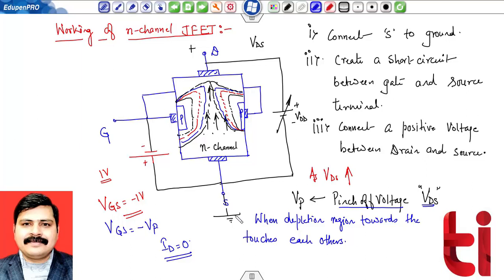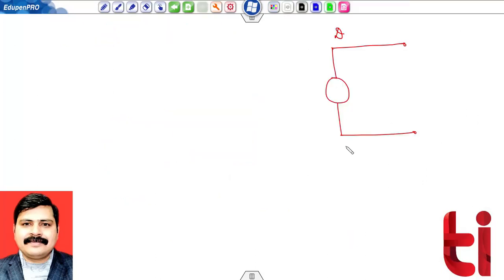Initially connect the source to the ground, initially make a short circuit between gate and source, and we have to connect the battery in reverse, so that if you are keeping the same direction, then in the case of the P channel there will be a flow of holes, so holes will be moving to the upward side. And the direction of current can be determined accordingly: drain side, source side, flow of current ID.